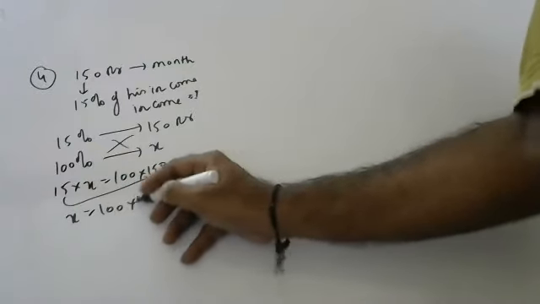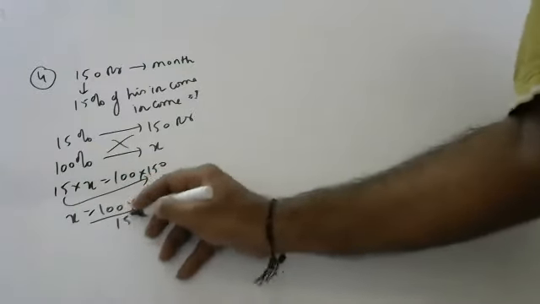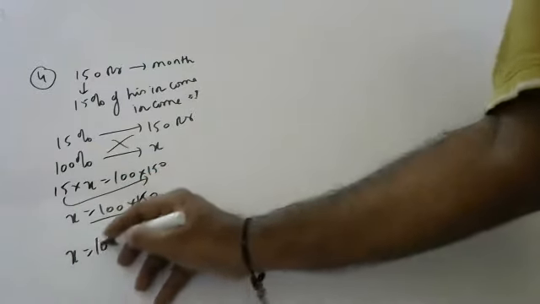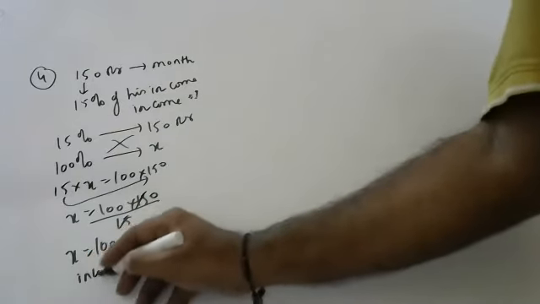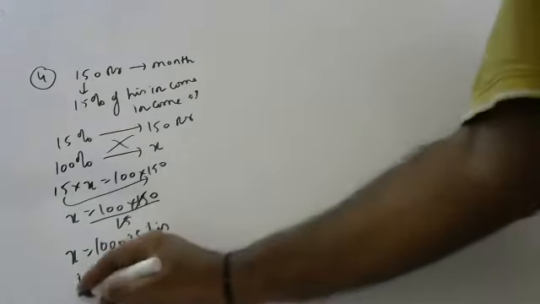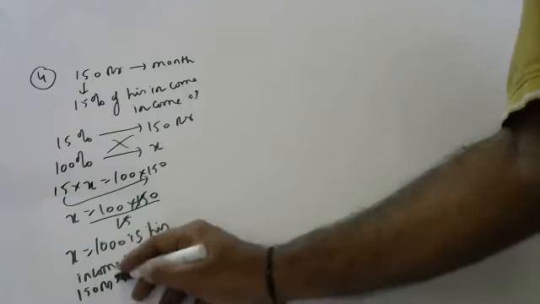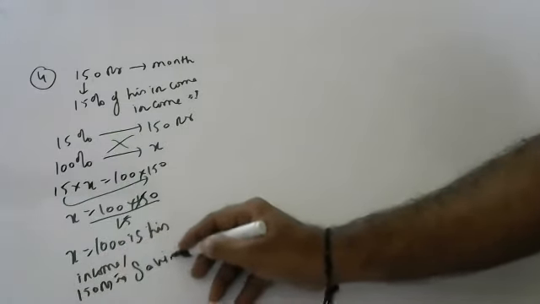So 15 will come down. X is equal to 100 into 150 by 15. 1000 rupees is his income. From that, every month, 150 rupees he is saving. Savings are very important, children. If you save money, it will save you.